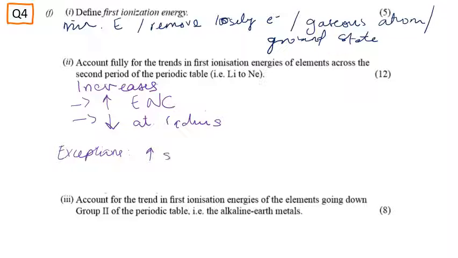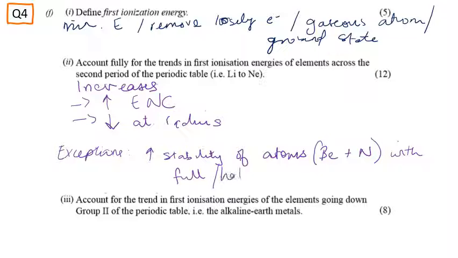So the up arrow means increased stability of atoms, in this case, beryllium and nitrogen. The increased stability of those is because they have a full or half filled outer shell. So anything that has a full or half full outer shell has increased stability, meaning that more energy will be required to remove that electron.